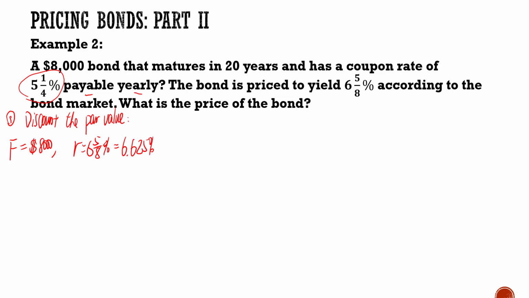If turning it into a decimal number, it's easier to move forward. And time t is going to be 20 years. And the compounding period is 1 year. And again, we're looking for the present value of this par value.